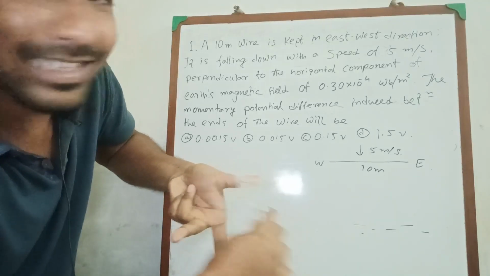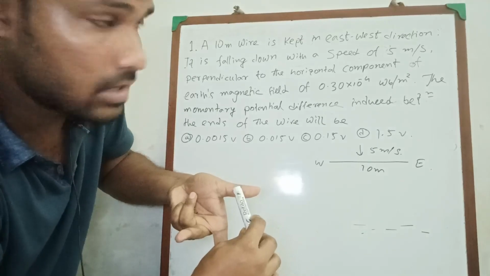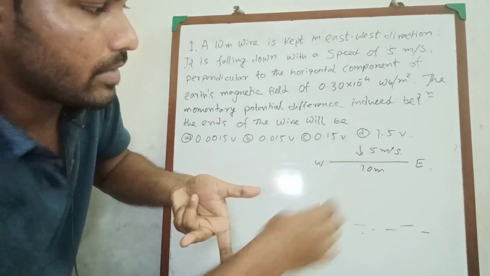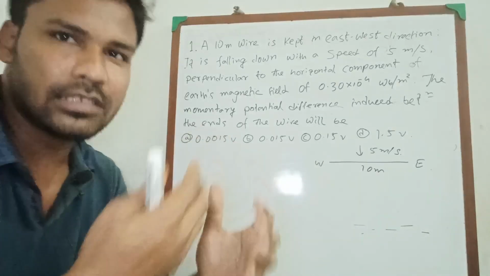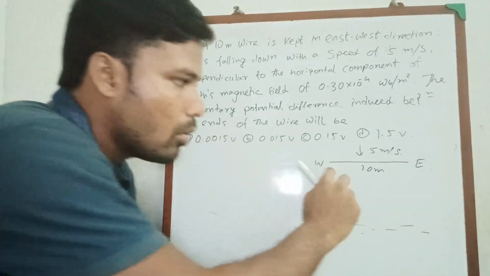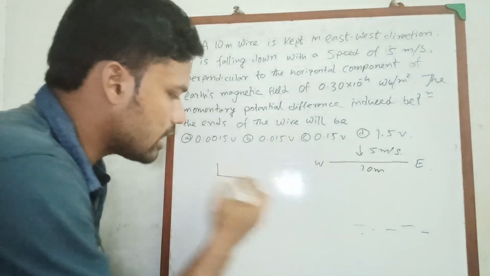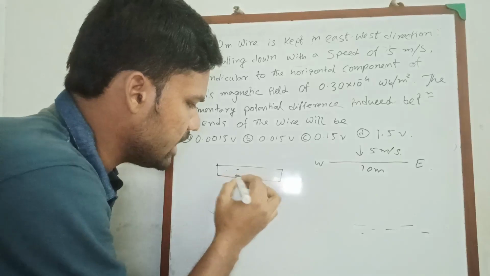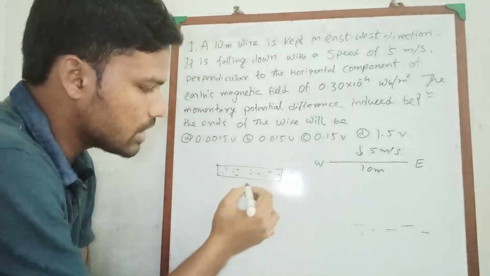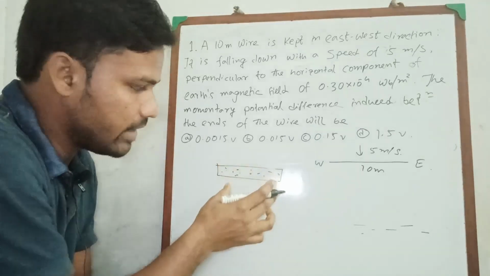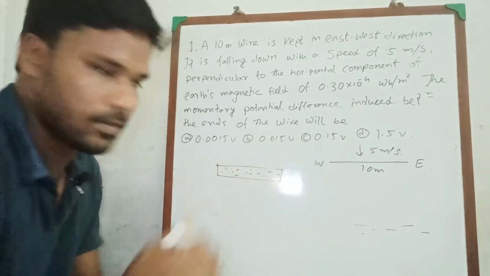So this is the thrust on the free electrons in the conductor. Why is this induced EMF generated? Because whenever this conductor moves in a magnetic field, the conductor has many free electrons, and they get a force.